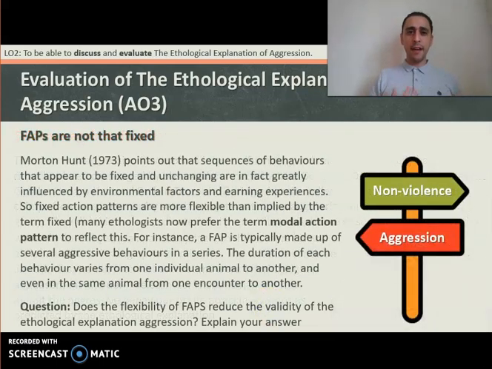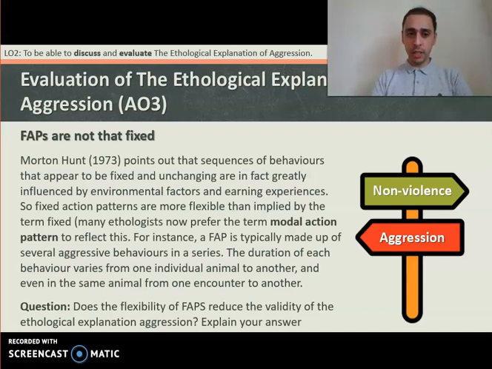FAPs are not that fixed. Morton Hunt points out that the sequence of behaviors that appear to be fixed and unchanging are in fact greatly influenced by environmental factors and learning experiences. So fixed action patterns are more flexible than implied by the term fixed.